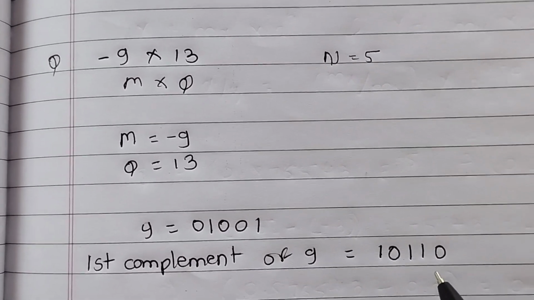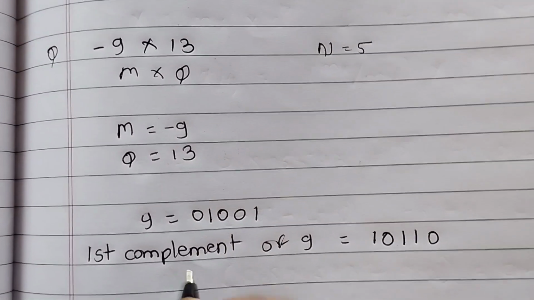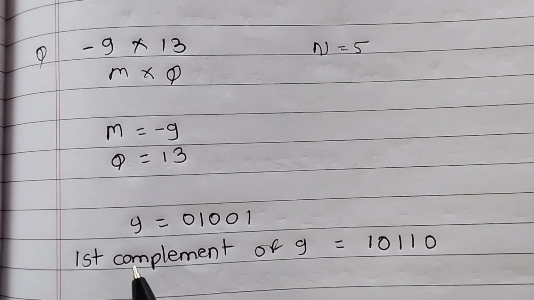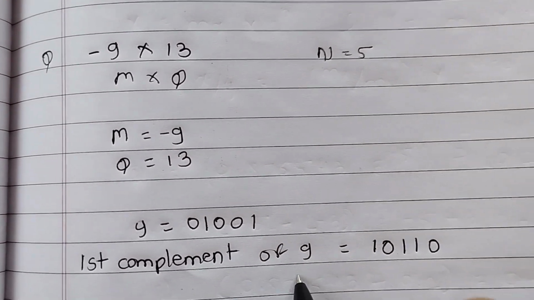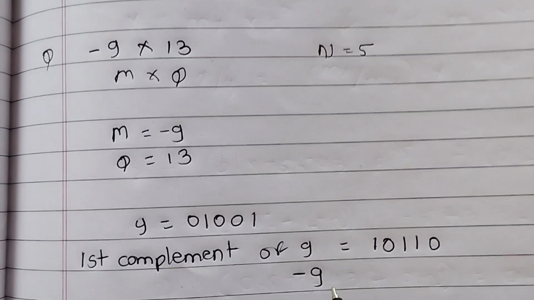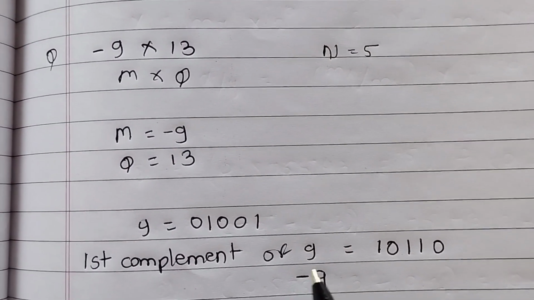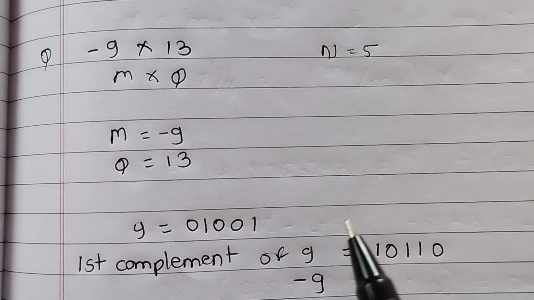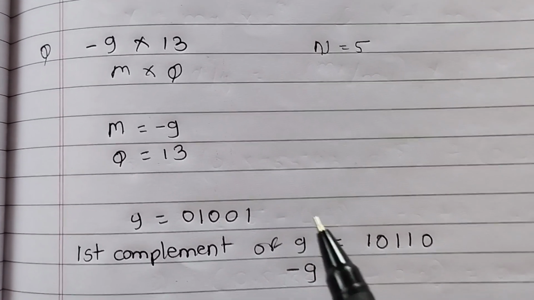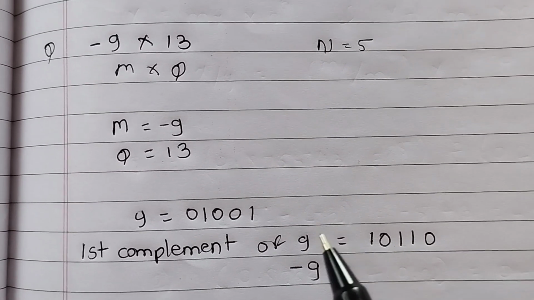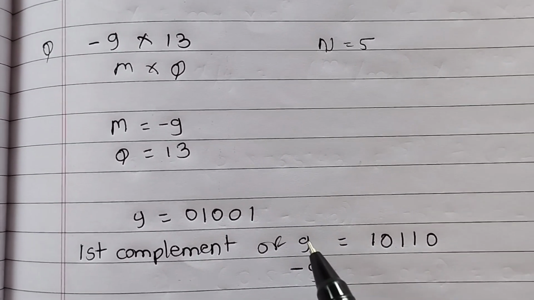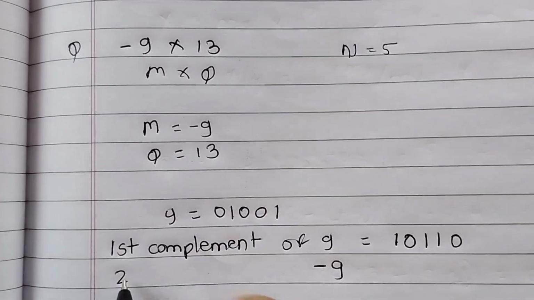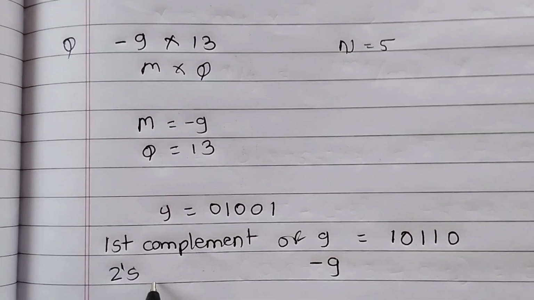Now we find the second complement, meaning the 2's complement, and that gives us minus 9. When we want to convert a positive number to a negative number, we take the 2's complement and convert the sign from positive to negative.